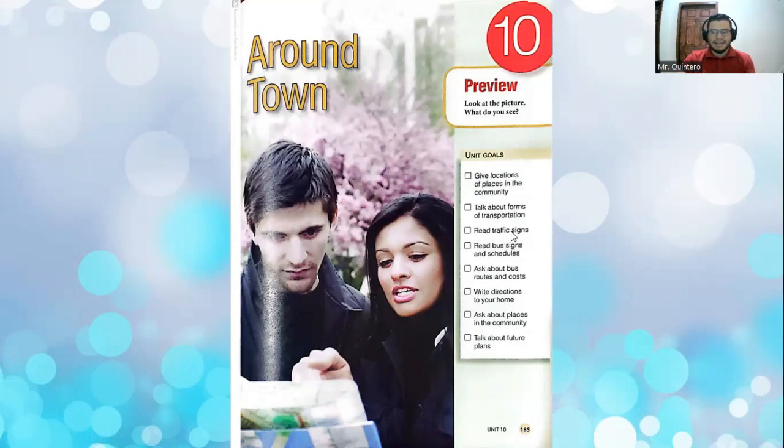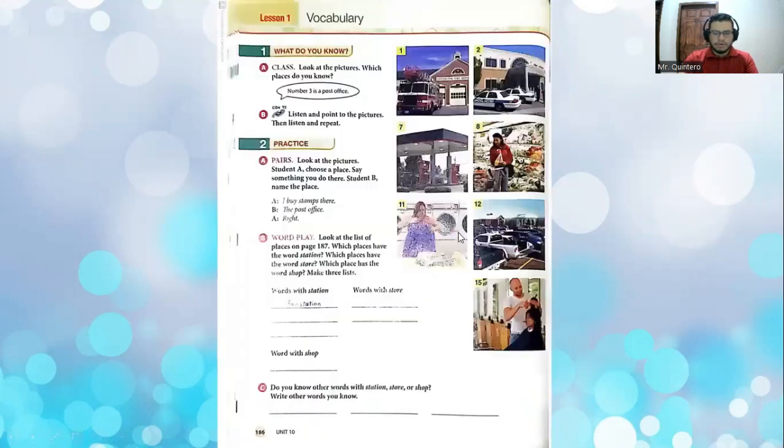Read traffic signs. Read bus signs and schedules. Ask about bus routes and codes. Write directions to your home. Ask about places in the community. Talk about future plans. Those are the different goals.